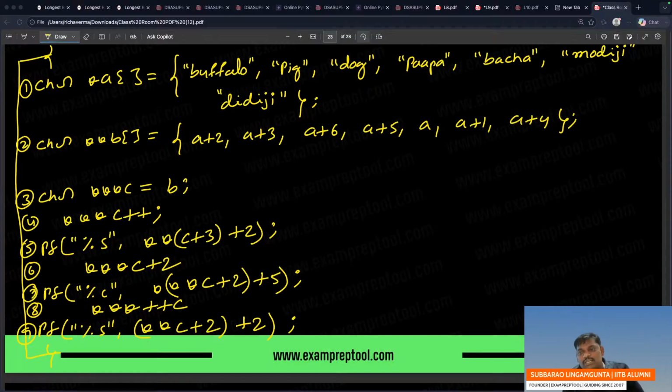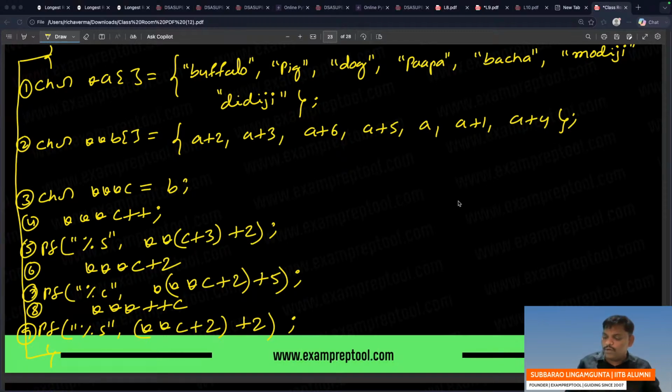Tomorrow is the GATE exam, today you have doubt, then open this problem and verify. Remember, there are so many traps also, please verify.